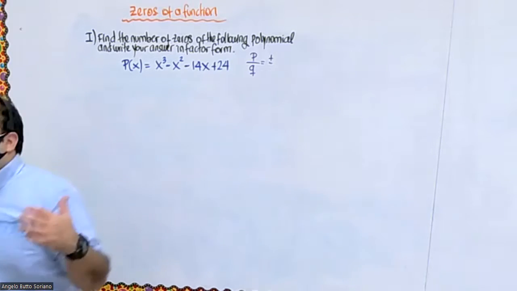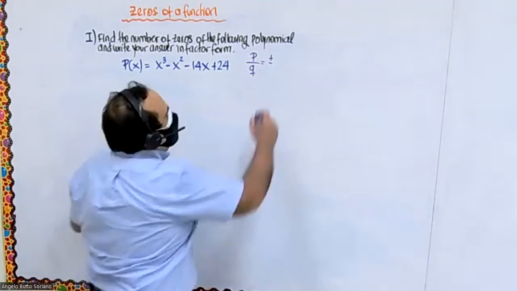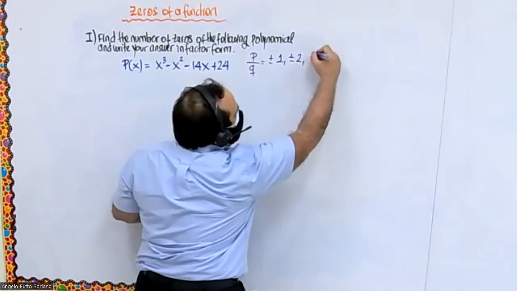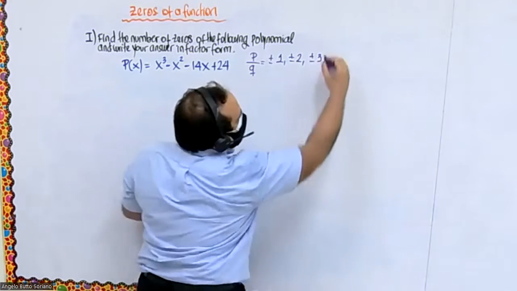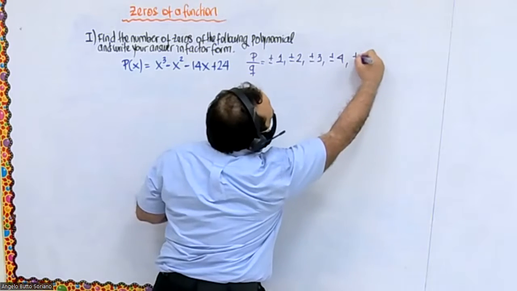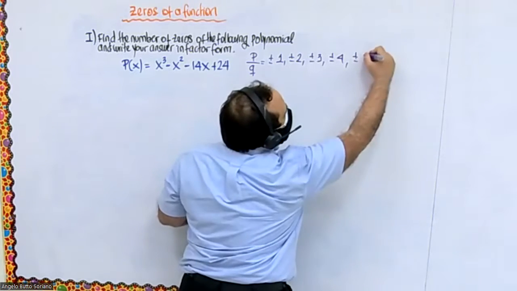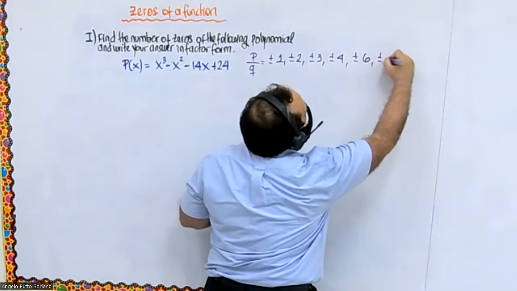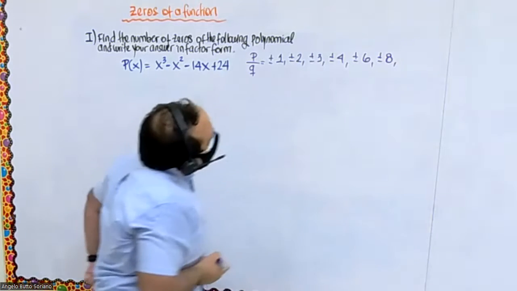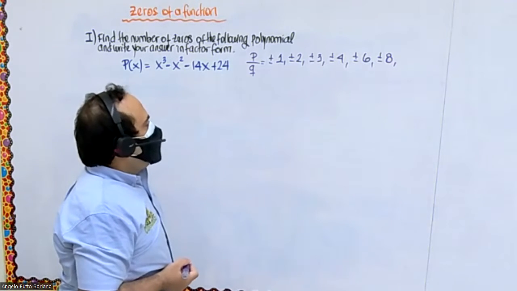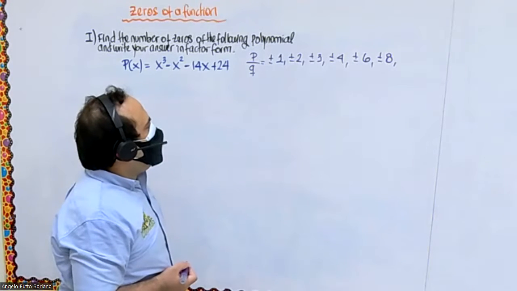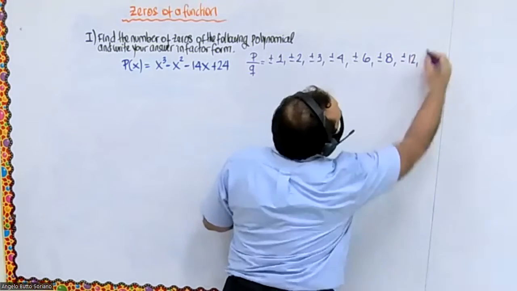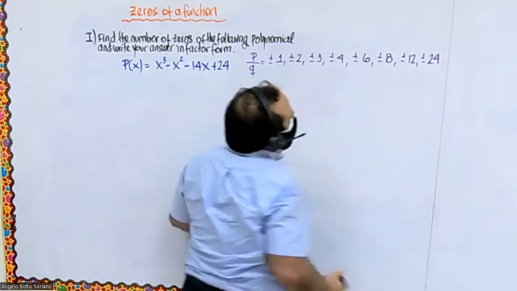So would you like to tell me what are the multiples of 24? Well, it could be positive negative 1, positive negative 2, positive negative 3, positive negative 4, positive negative 6, positive negative 8, positive negative 12 and positive negative 24, right?